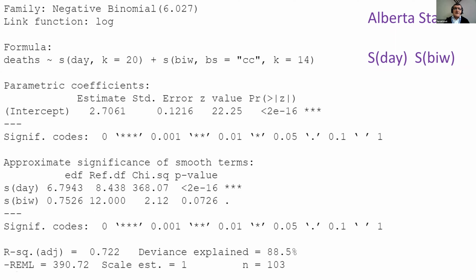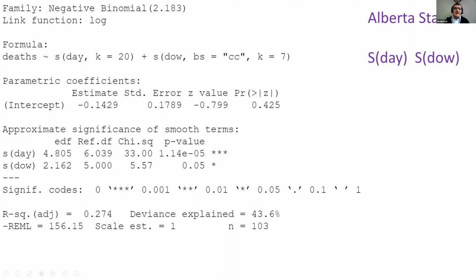Again, for day and day of week, the intercept is not significant, but the other two are significant, with a very low adjusted R squared.